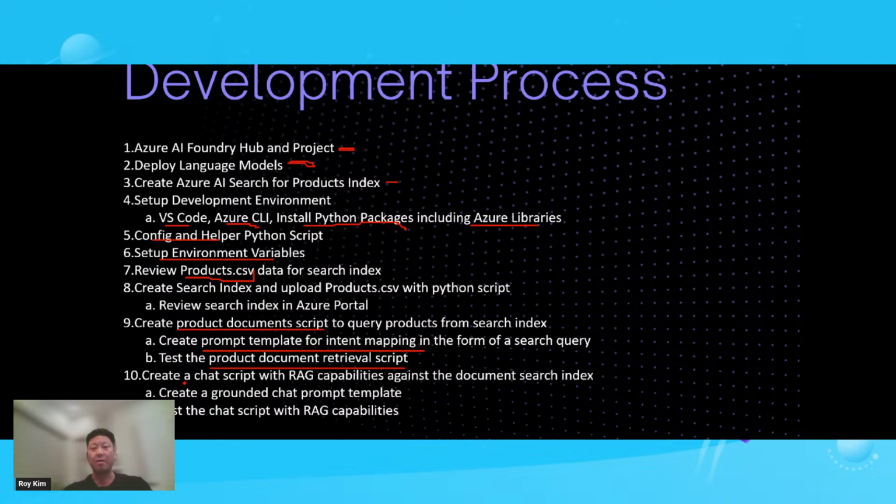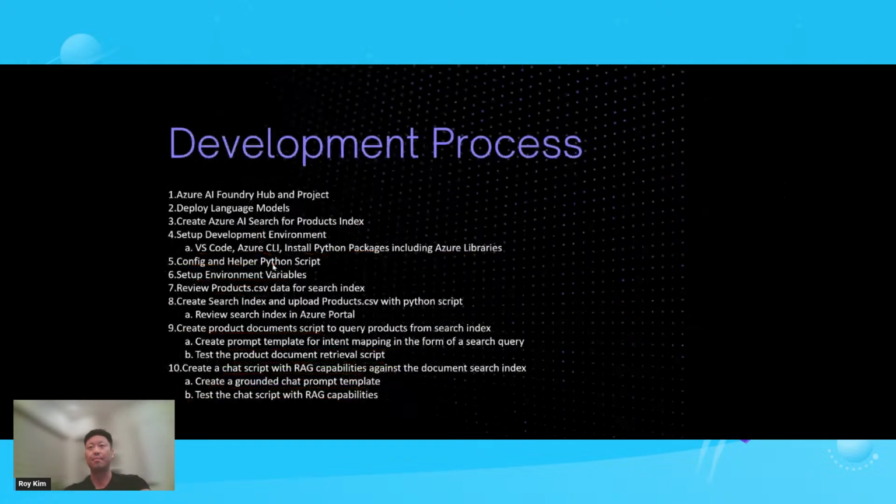And then finally, create that chat script with RAG capabilities, which will make a call out to this script to get the document search results, and then with another prompt template to ground the document search results to come up with your final answer. In this case it would be, what's the recommendation of a tent that can hold 4 people? So that's the general process here.